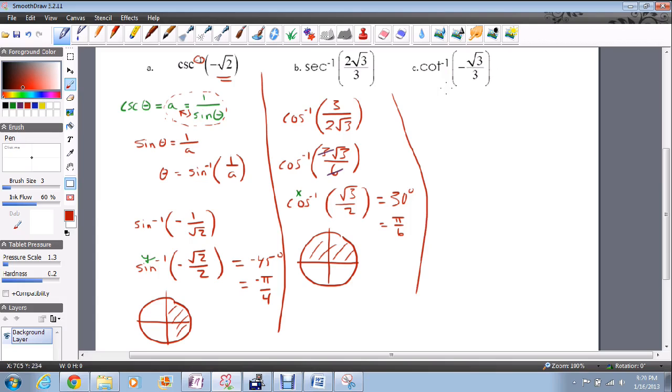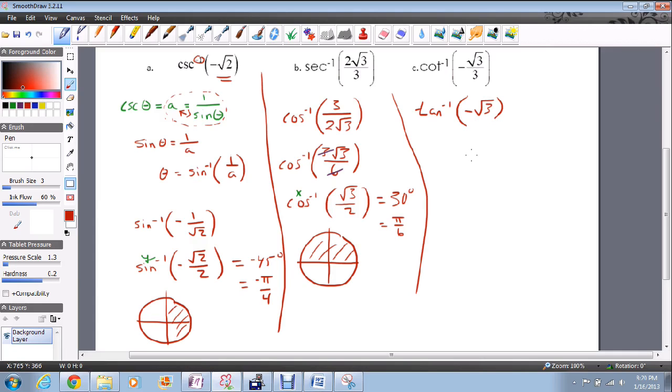And the last one, cotangent inverse. Okay, I'm going to go a little bit even faster on this one. I'm going to say the tan inverse of the reciprocal of this guy. I'm just going to skip right to the simplification step. Negative square root of 3. So I encourage you to do a little scrap work off to the side and see if you can come up with that simplified answer that I got.